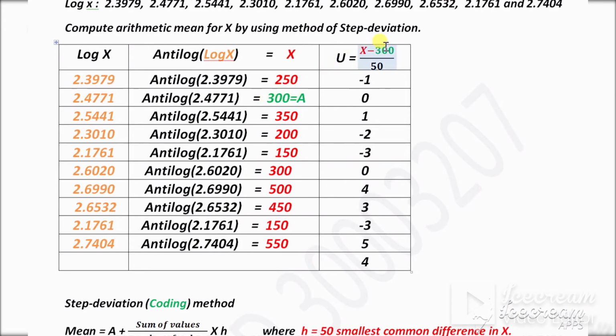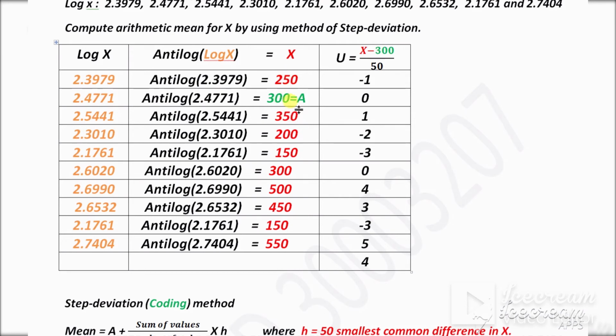Now x minus a, divided by h. h is the common difference. How will this 50 come? Because the smallest difference is 50.